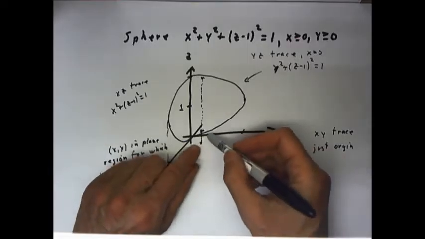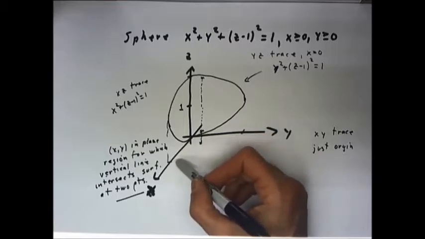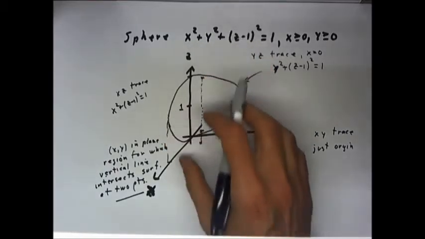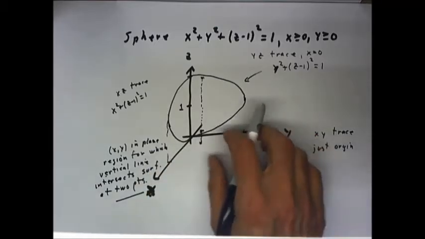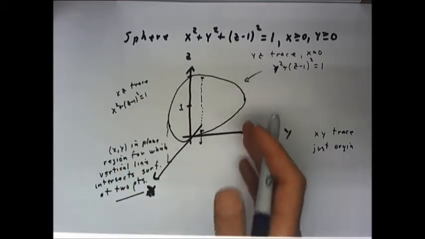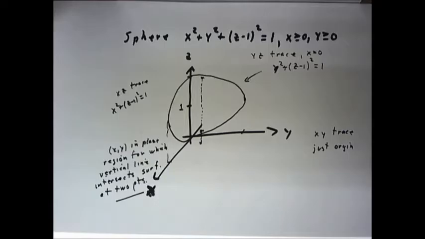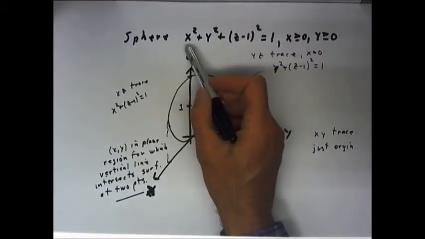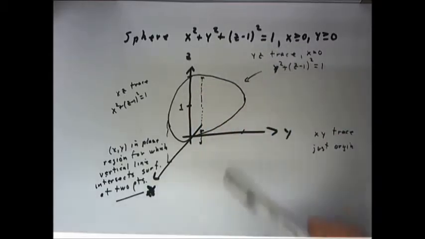Now it can actually be kind of an art and a science to figure out where some regions project into the xy or the xz or the yz or some other plane. In this case, it's fairly simple. The smallest possible value for (z minus 1) squared is 0, which means that the biggest possible values of x and y occur when x squared plus y squared is 1.